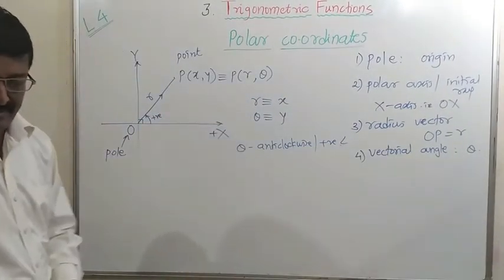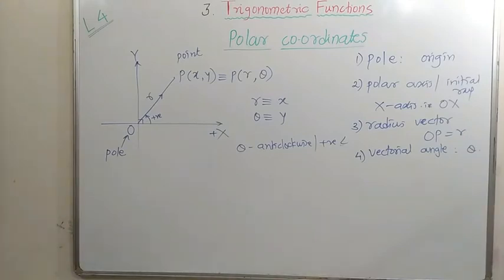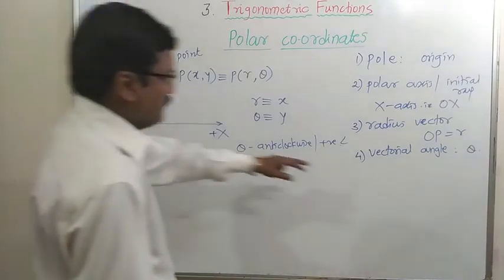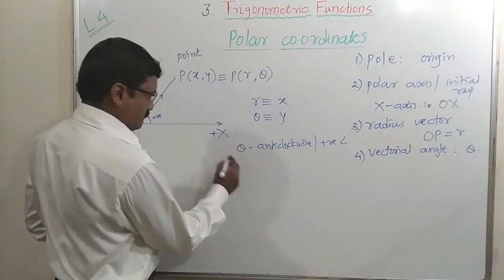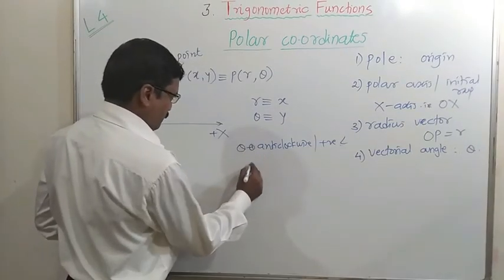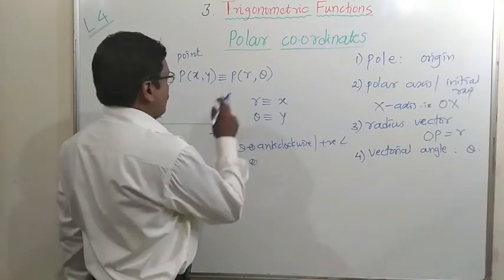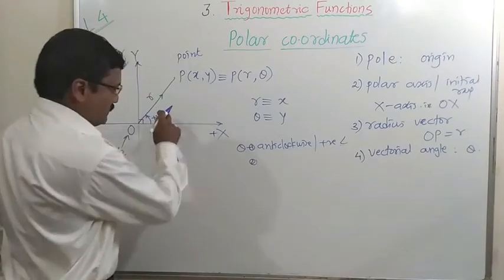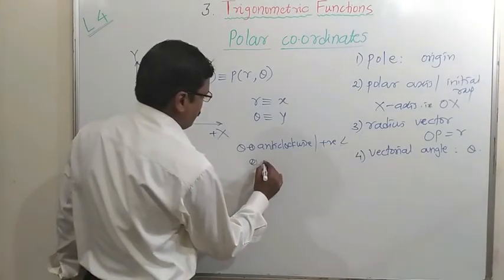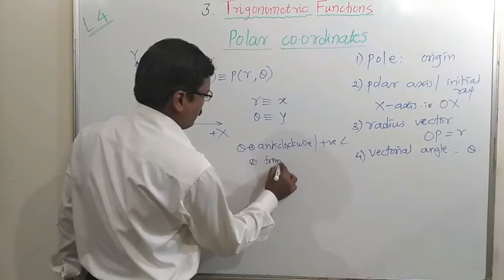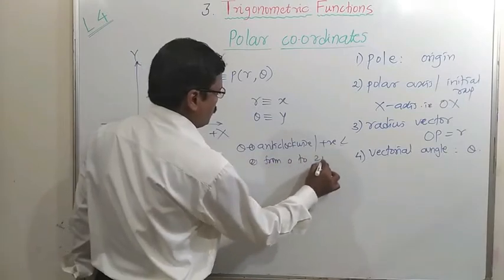Now let us see the next one: this vectorial angle theta has another property, that this theta is always from 0 to 2 pi.